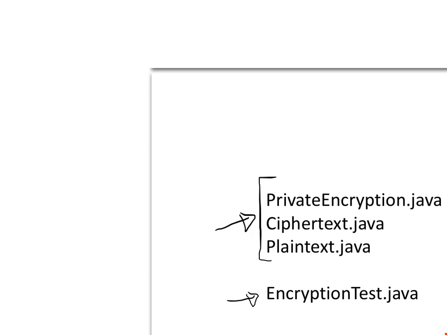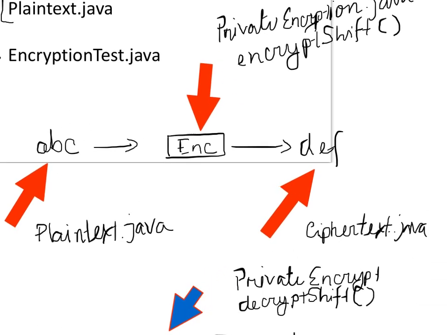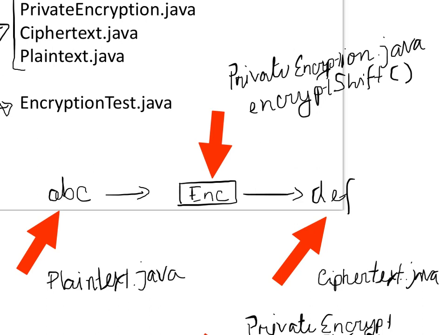Now let's look at some more detail. Here we have these 3 files. Now what do these files do? Let's say we have ABC, and ABC is just a text, and this text is fed to a box called encryption.